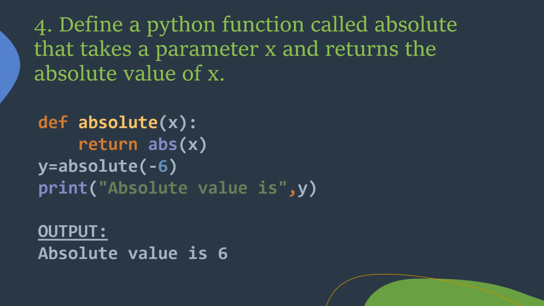Here I'm calling the function absolute, passing the value -6, and the value returned by this function will be stored in a variable called y. Now it is printing the absolute value is y. You can see the output is: absolute value is 6.